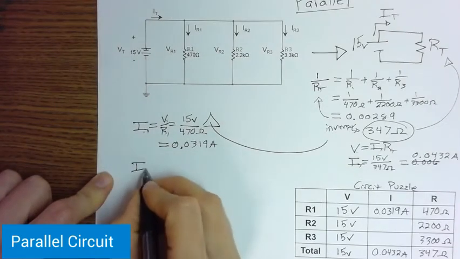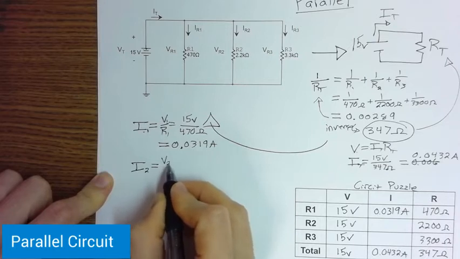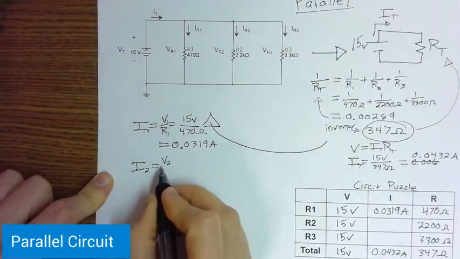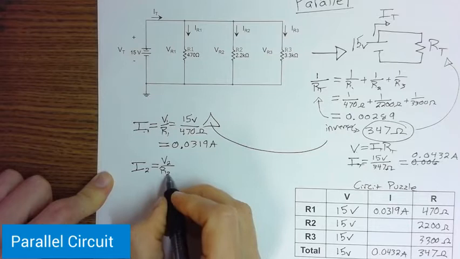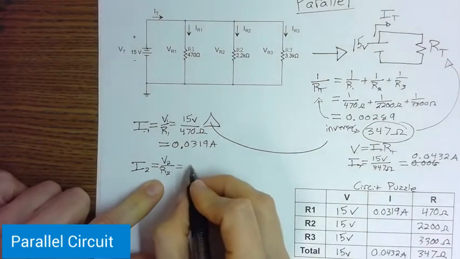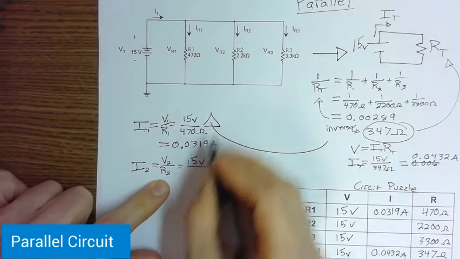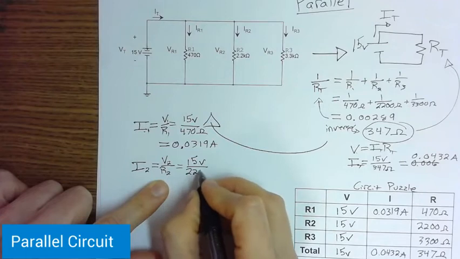So two more, same exact process. So the current through branch 2 is equal to the voltage drop across resistor 2 divided by resistor 2. So plug in those numbers. Voltage drop we know is 15 volts. Across resistor 2, 2200 ohms.